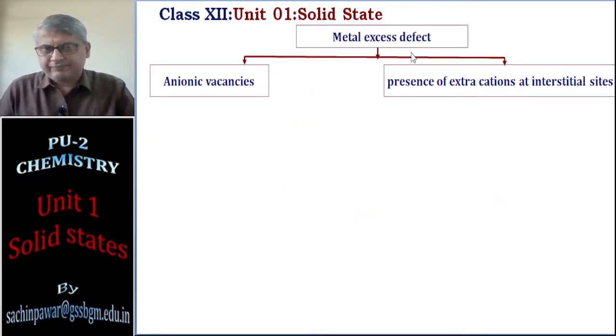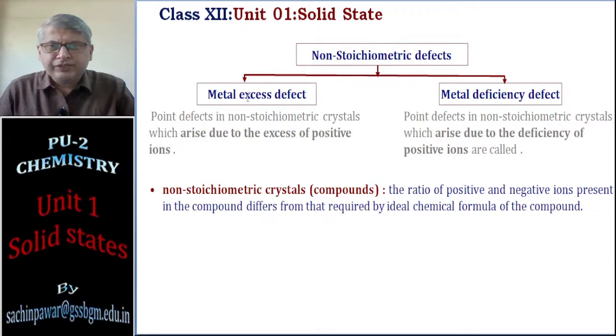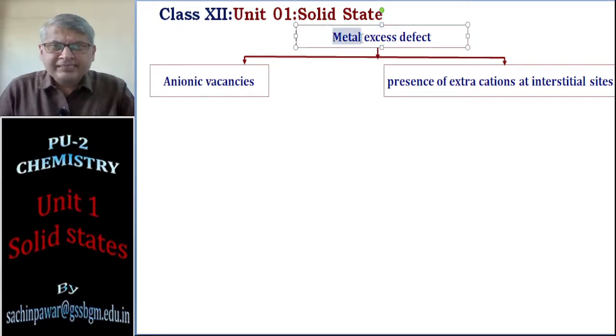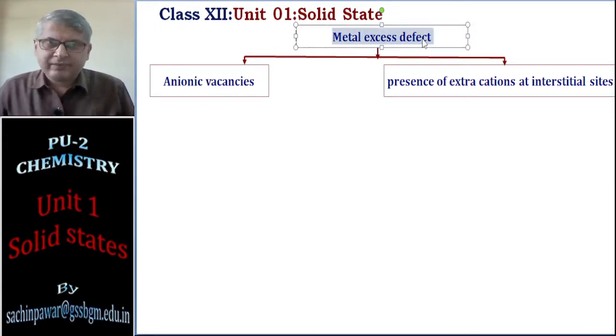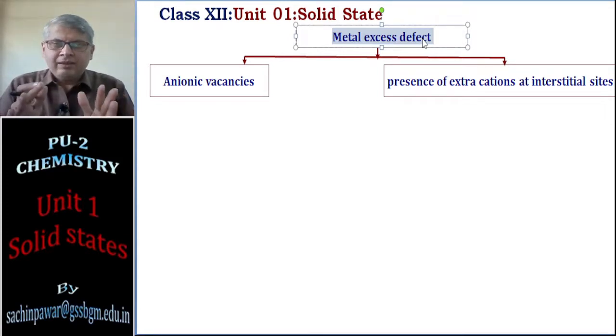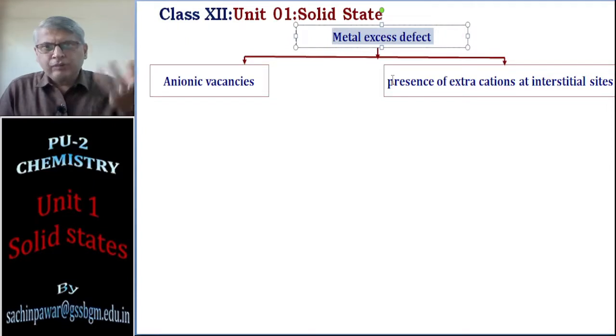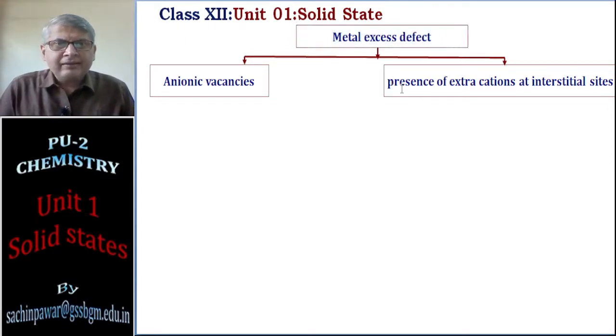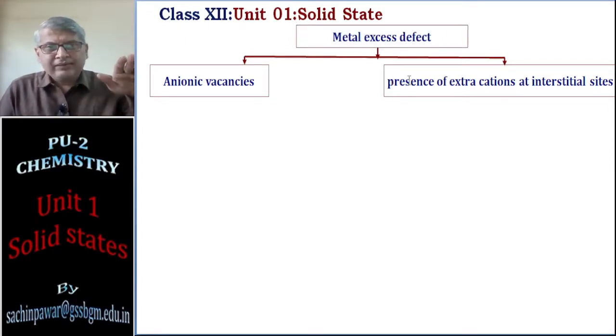Let's move on to the first one, metal excess defect. It can happen in two ways. We are talking about cations and anions. If cations are less, then the number of anions will be more, and if the number of anions is more, then cations will be less.